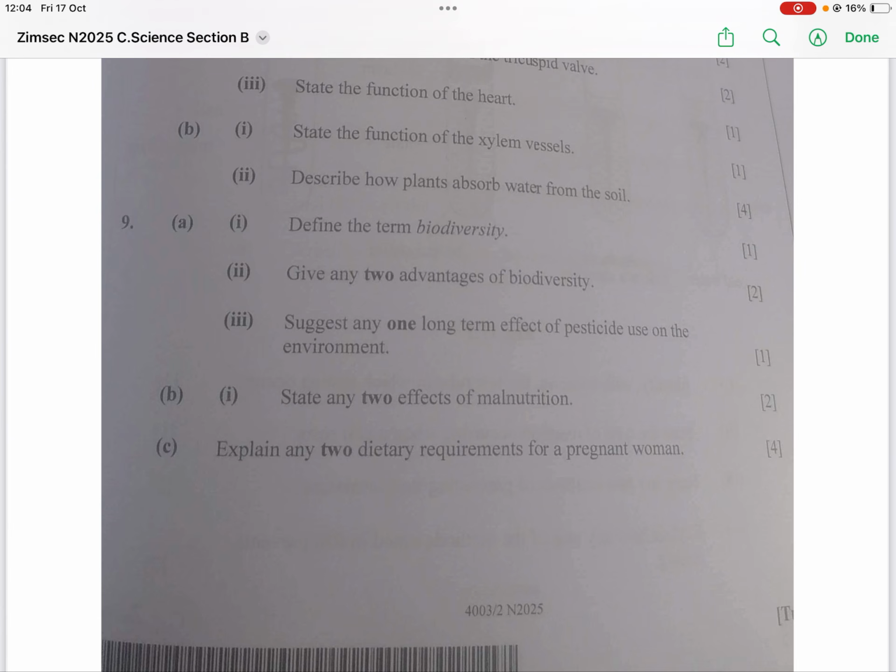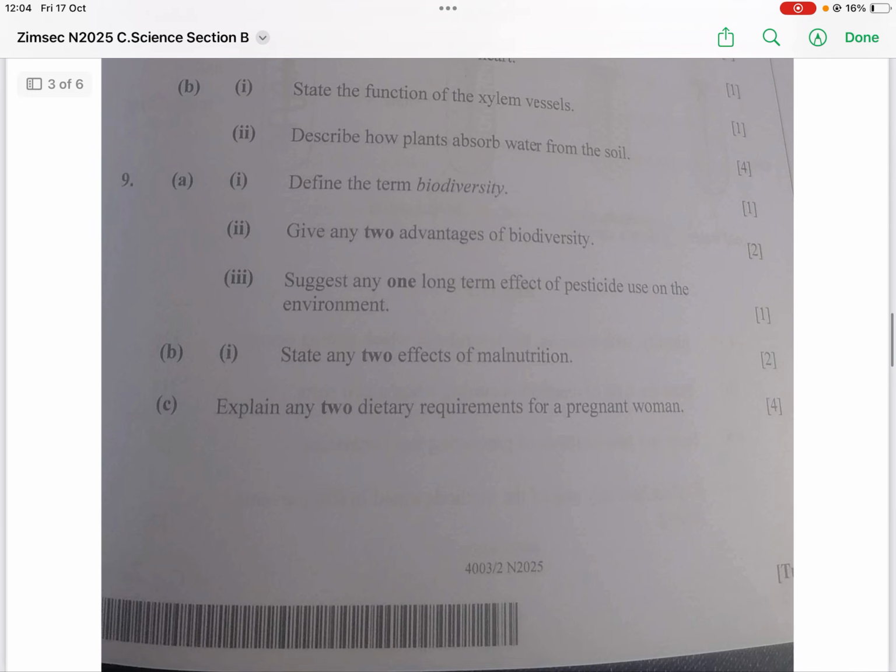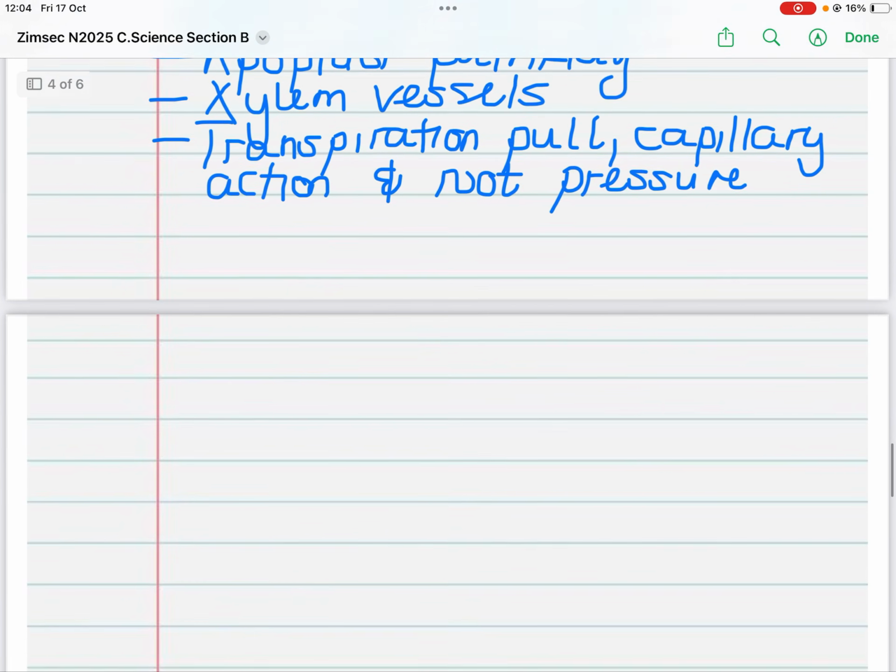And then lastly, in section B, candidates were required to define the term biodiversity. It was having 1 mark. So biodiversity is a variety of all living organisms on Earth, including different plants, animals, microorganisms, and the ecosystem they form.